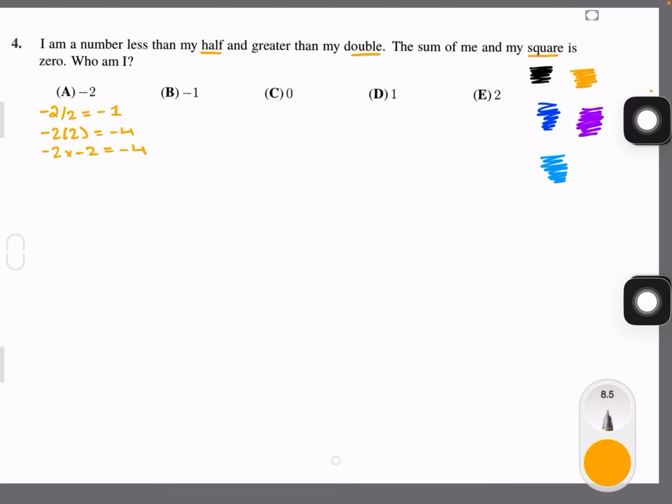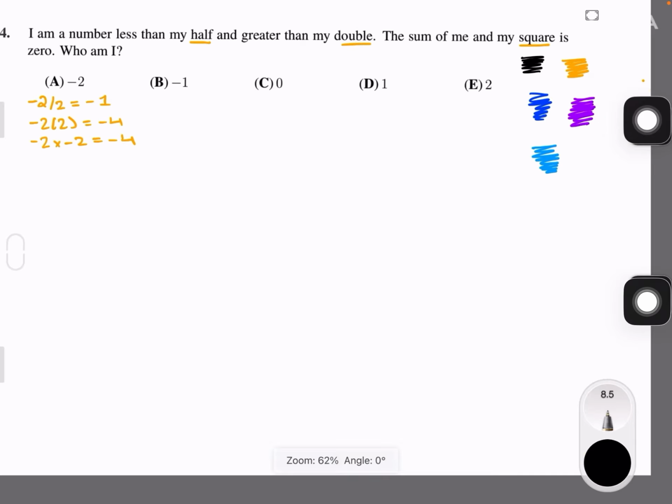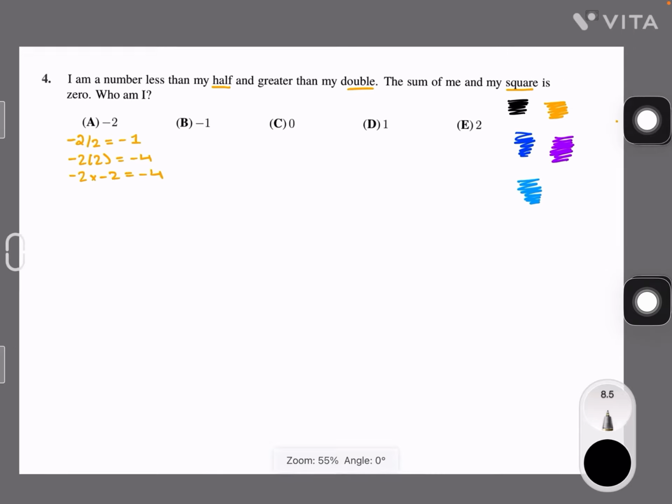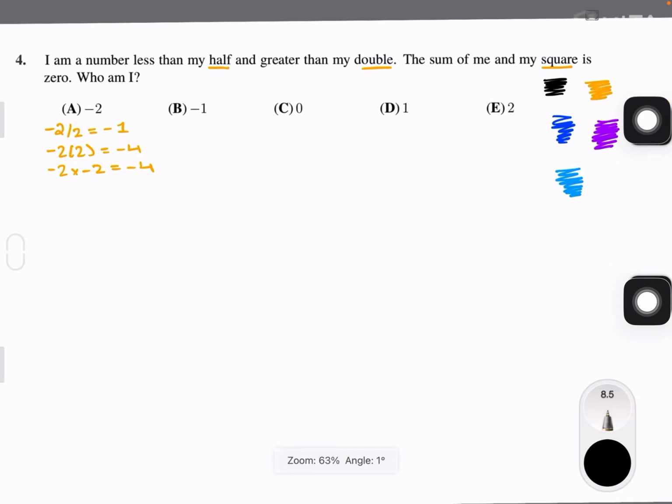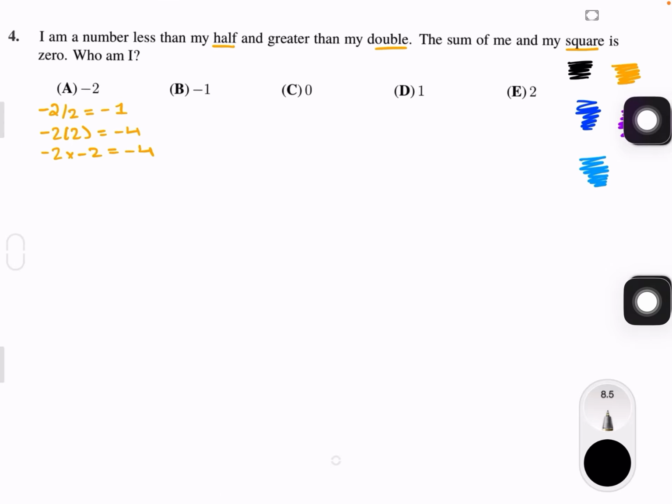So now we see that the number has to be less than its half. So -2 is less than its half, since -1 is closer to 0, and greater than its double. -2 is greater than -4, since -2 is closer to the 0.